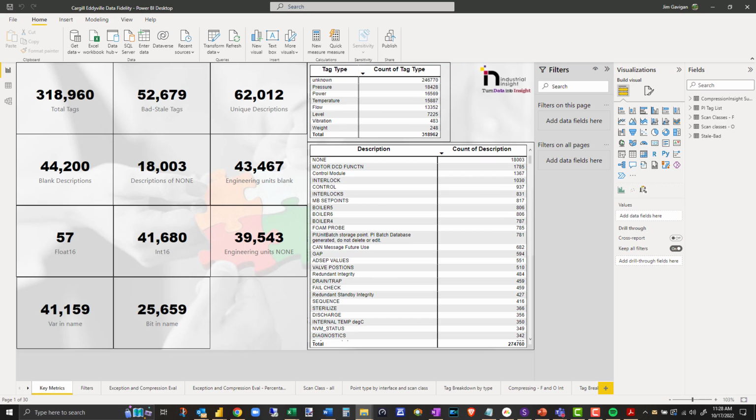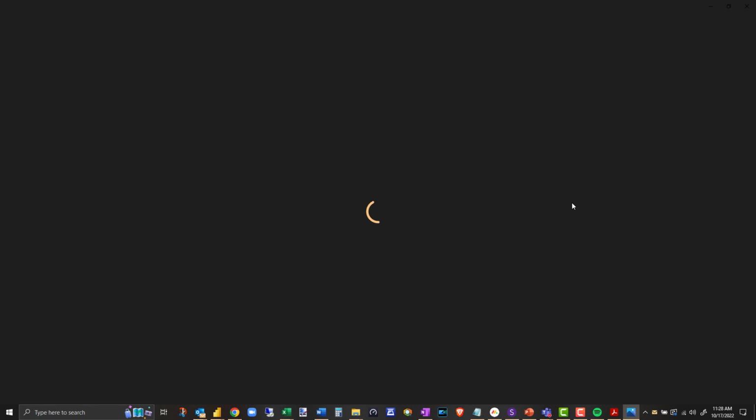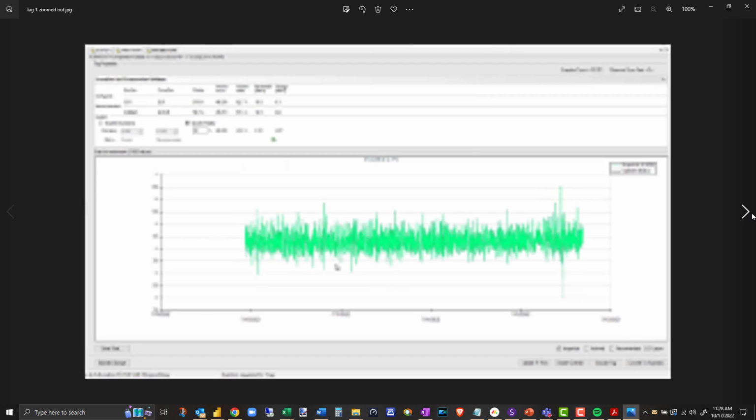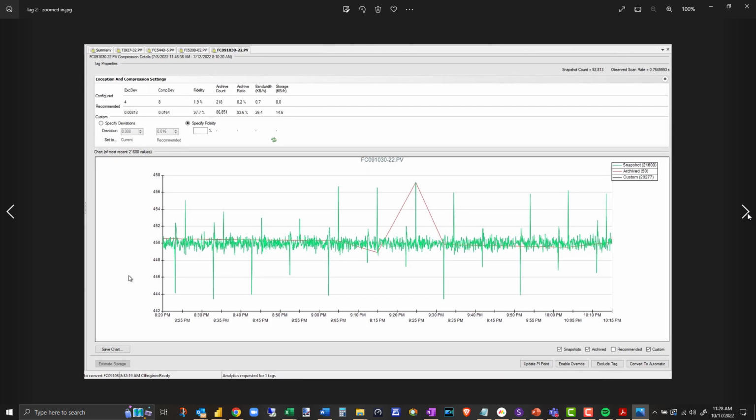Let me see if I can find a screenshot of what that looks like. Okay, here's a great example. I don't remember what tag this is. It's some kind of flow transmitter. It's like a bad EKG, if you ask me.